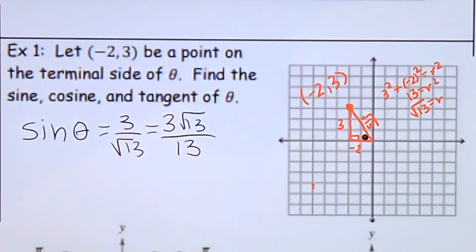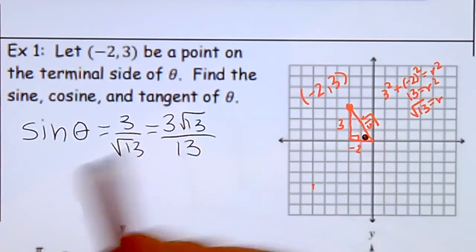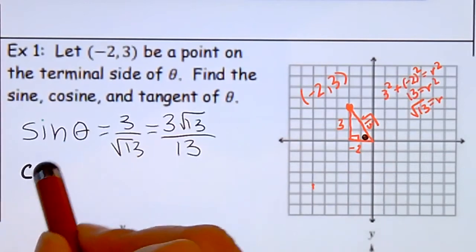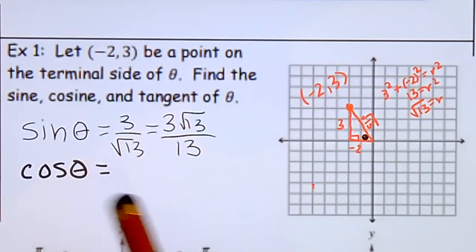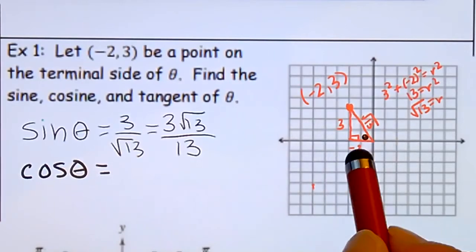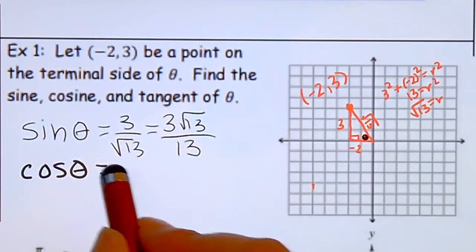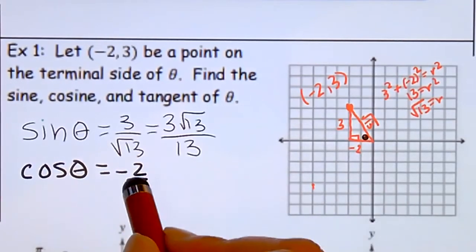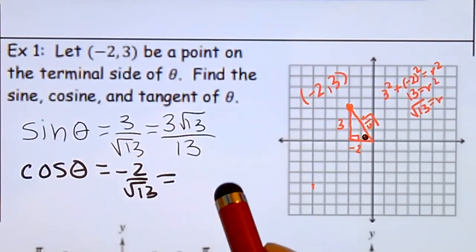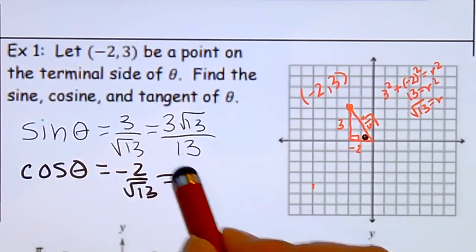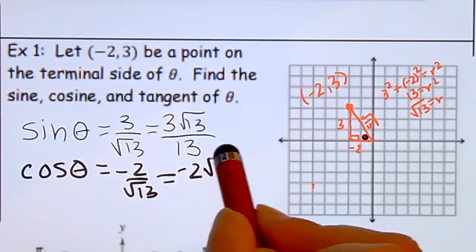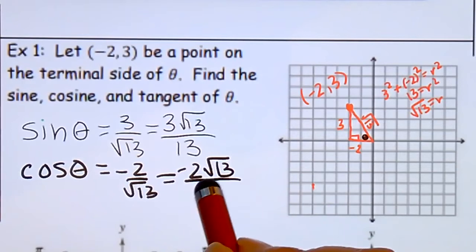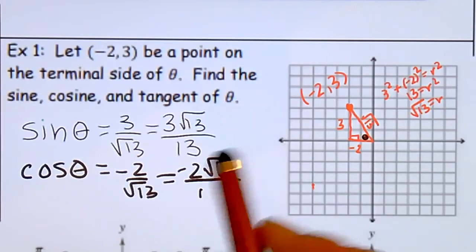So you want to rationalize these, okay? Now cosine theta is adjacent over hypotenuse, and it's a -2 because I'm going in the negative direction. So it's -2 over root 13, which is going to be -2 root 13 over 13.